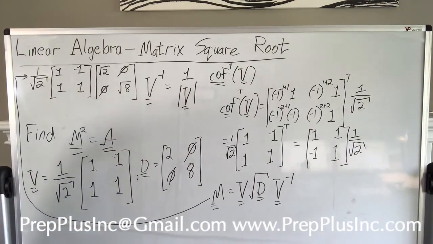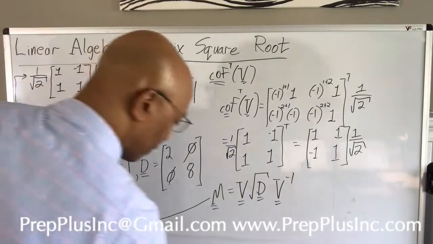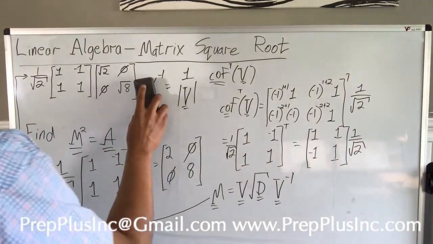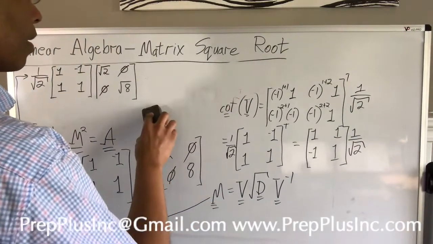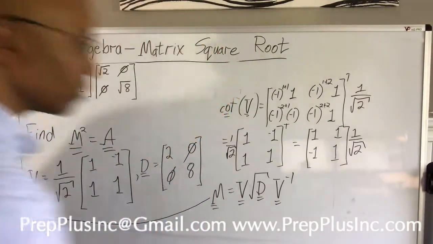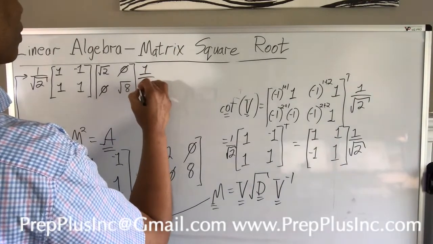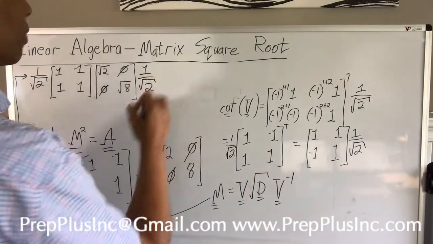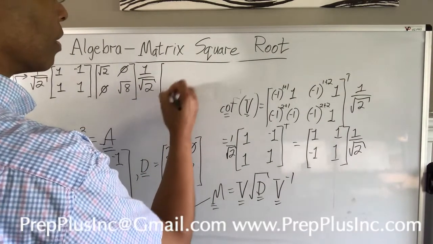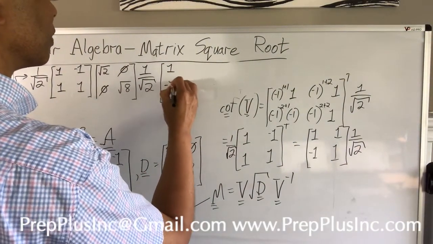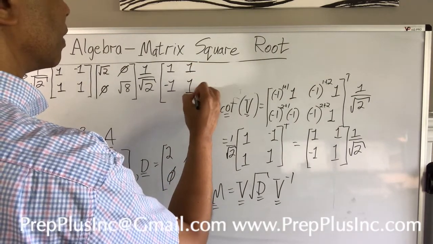And then the inverse of the V matrix is this: 1 over the square root of 2 times the matrix 1, minus 1, 1, and 1.